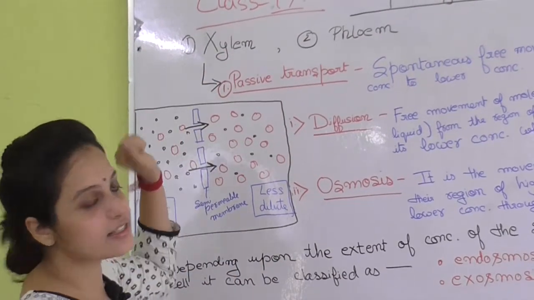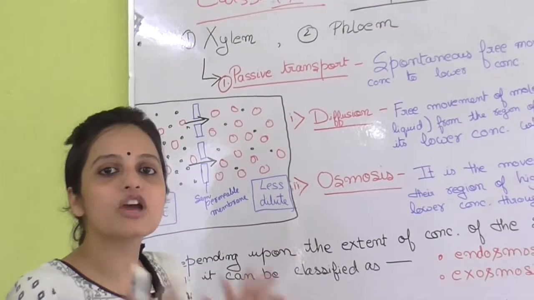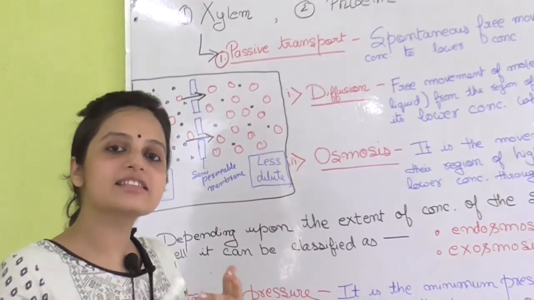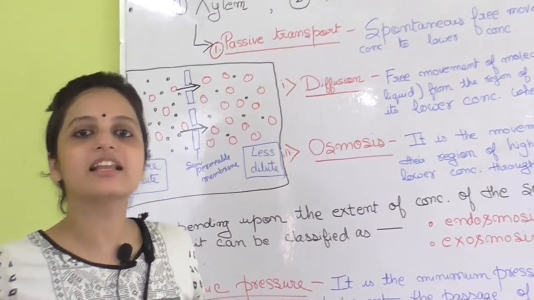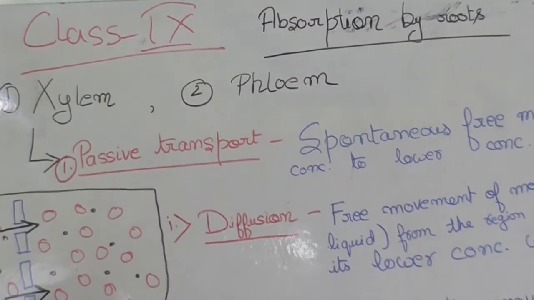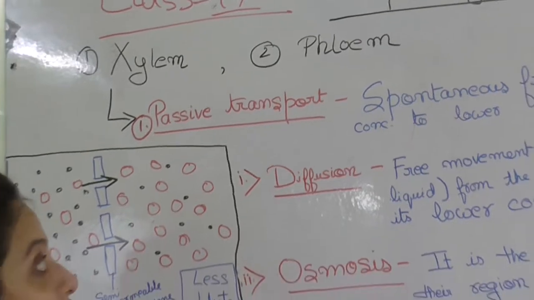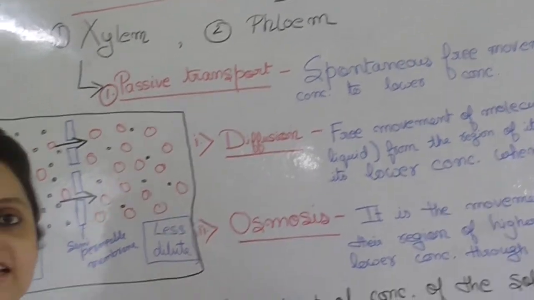Xylem only carries the water from the root, and phloem does what? Phloem carries the food prepared by the leaves to various parts of the plant. Xylem is unidirectional while phloem is bidirectional.